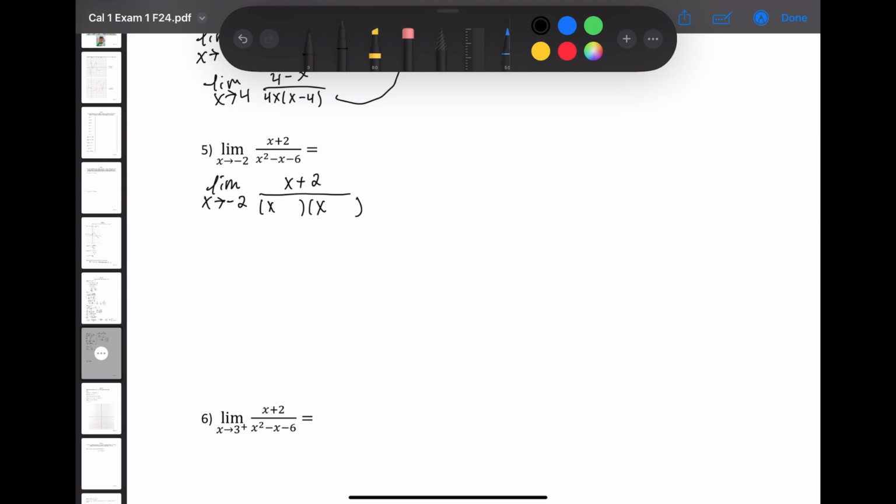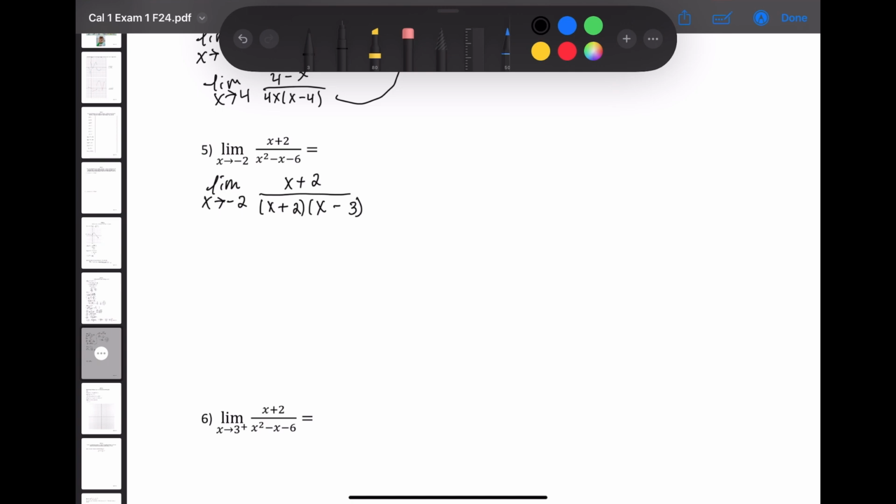So 2 and 3 gives us 1 and 6. We know that it's negative 1, so it's going to have to be positive 2 minus 3, because we're subtracting a small number minus a big number, so that gives us negative 1.